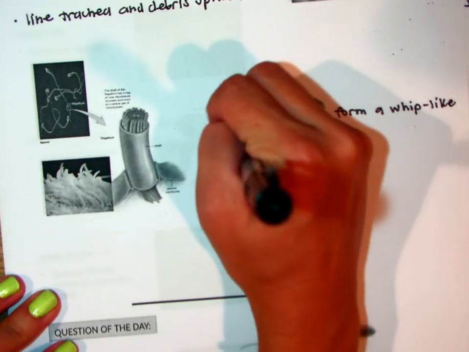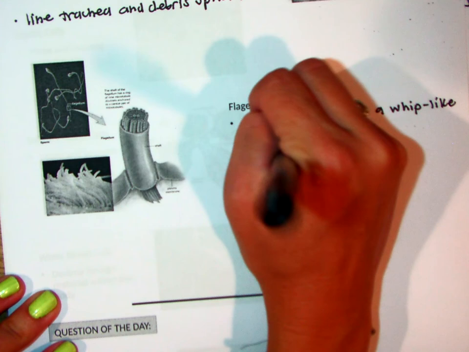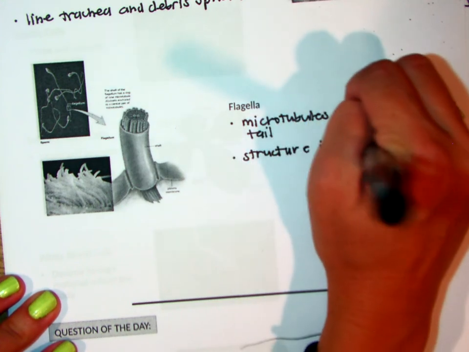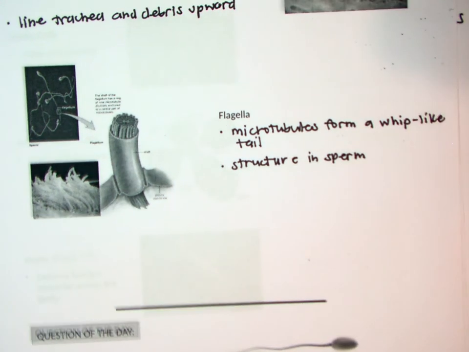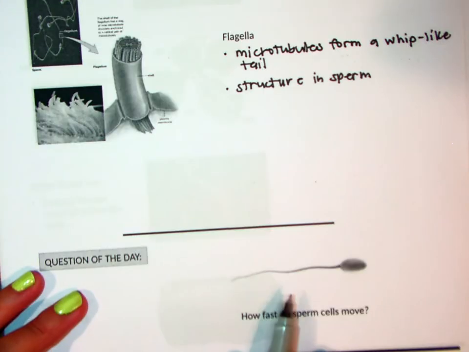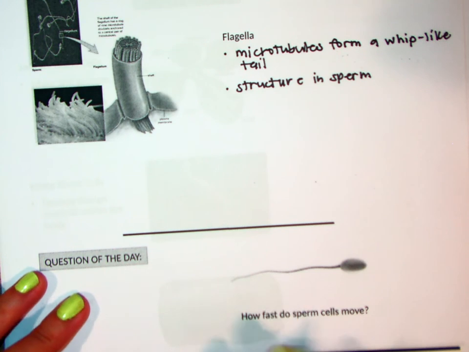It's the structure in sperm. And we do see flagella in several other organisms. I don't know how many, but in the human body, the sperm cells are the only place where you will find flagella. So, sorry ladies, you don't have any flagella in your body.